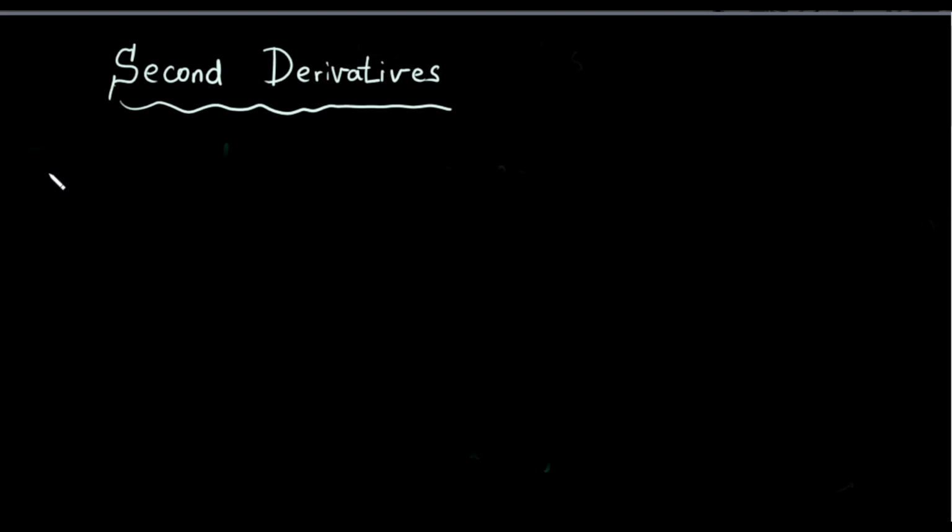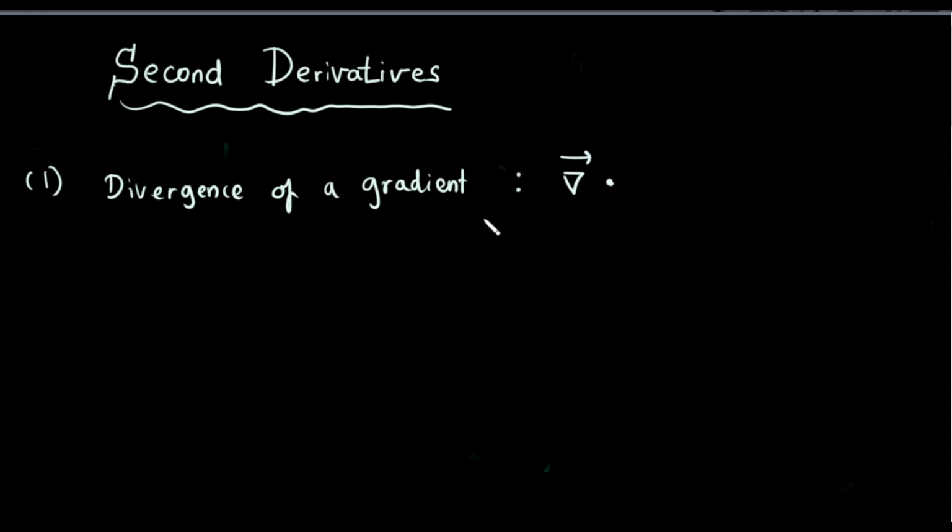So I'm going to write the first one. This is called the divergence of a gradient. It is defined as del dot, because when we have divergence we have to have a dot product.